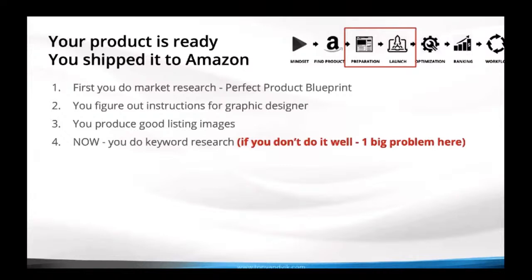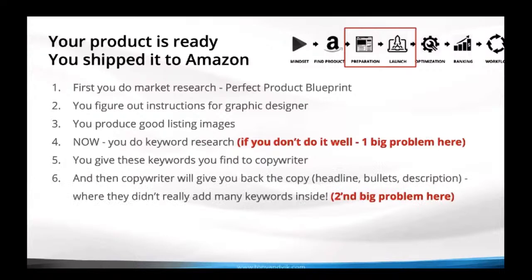Now you give these keywords to your copywriter. The second big problem is that the copywriter, pretty often, doesn't add many keywords inside the copy. Whoever had this problem, raise your hand. I know you're at home and nobody sees it, but it doesn't matter. We had this problem a lot.